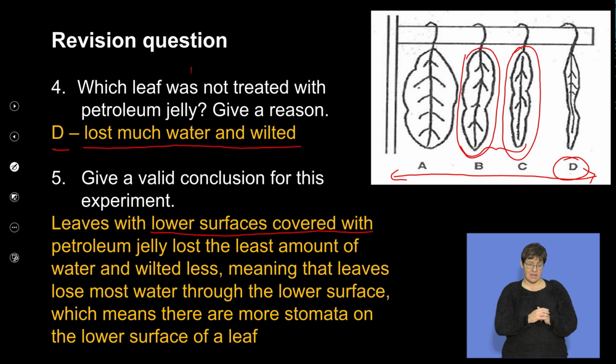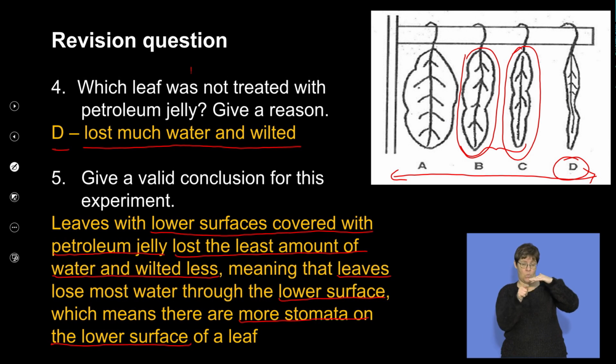And here you could say leaves with the lower surface covered by petroleum jelly lost the least amount of water and wilted or shriveled less. And that tells us that leaves lose most water through their lower surface, which means that there are more stomata on the lower surface. So this entire experiment is all about looking at which surface of a leaf loses more water.